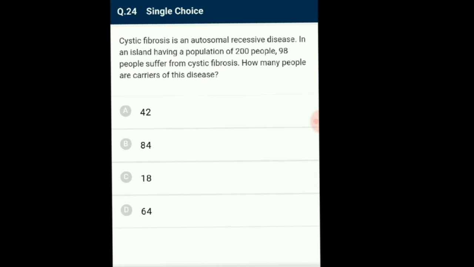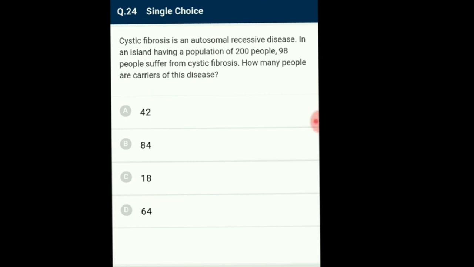Cystic fibrosis is an autosomal recessive disease. In an island having a population of 200 people, 98 people suffer from cystic fibrosis. How many people are carriers of this disease? Cystic fibrosis is caused due to a recessive gene. Individuals suffering from this disease are homozygous recessive. Applying Hardy-Weinberg's equation here, q square equals 98 by 200 equals 0.49.